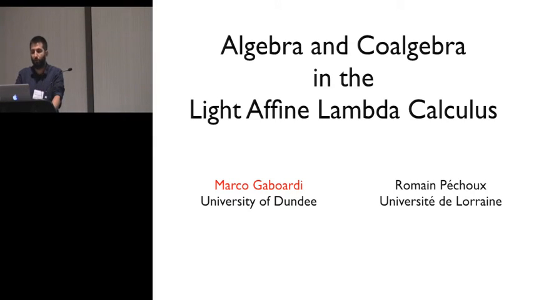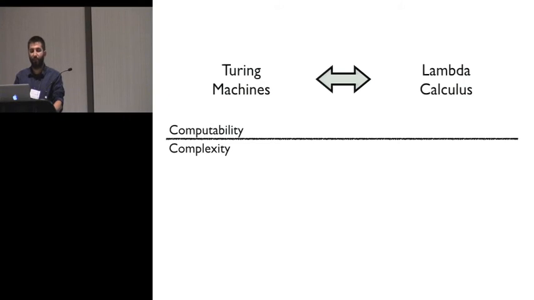So let me give you a very brief introduction to the research area where this work originates from. You are all familiar with a very classical result about computability theory, that we can design programming languages that correspond to Turing machines. An example is the lambda calculus or other languages.